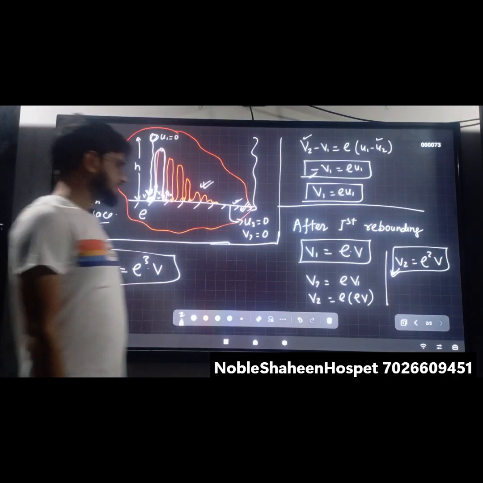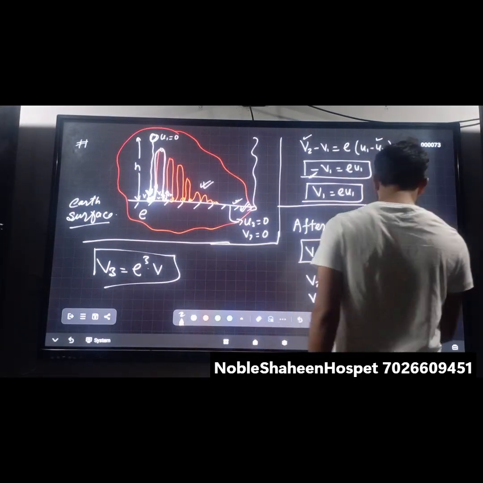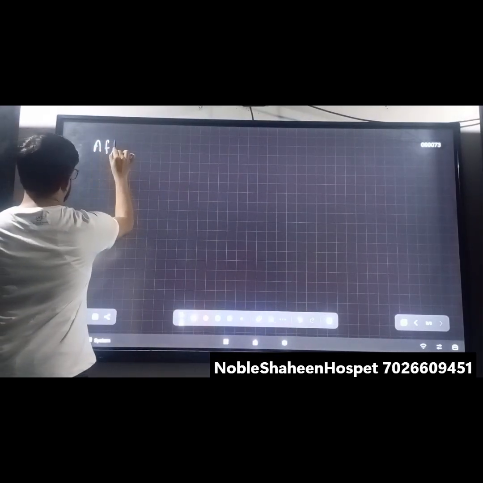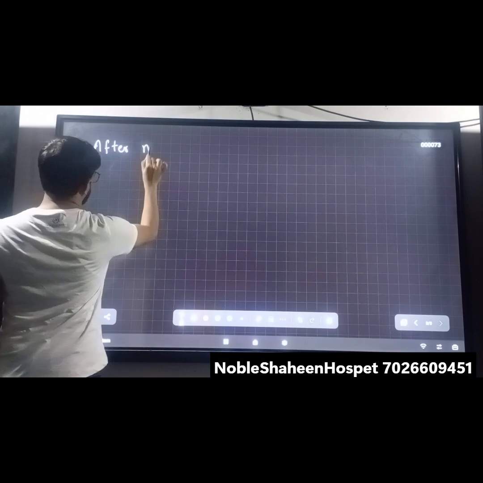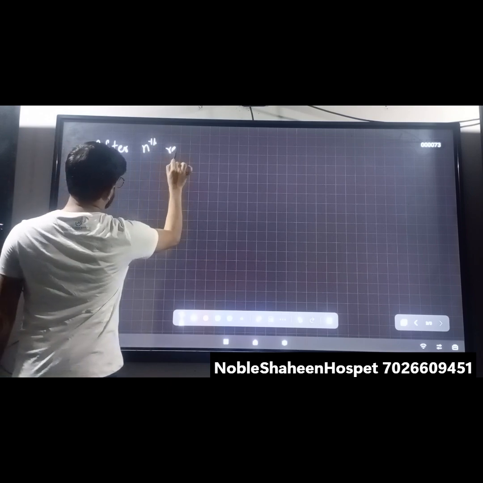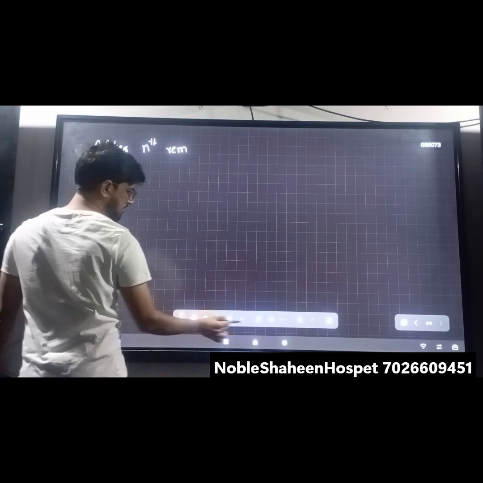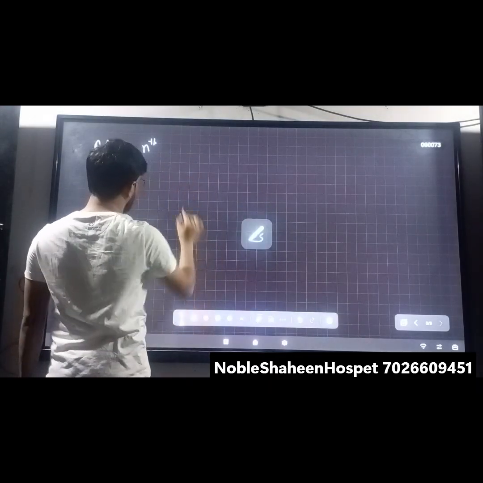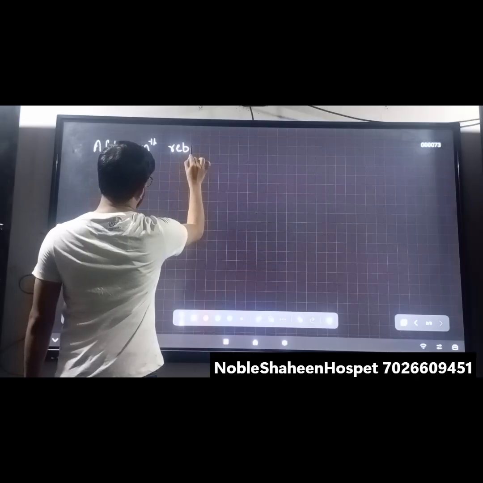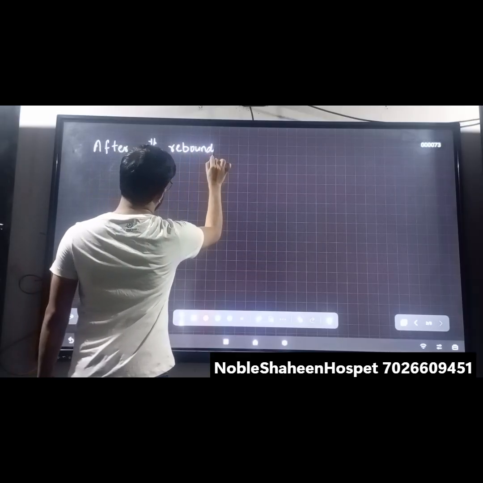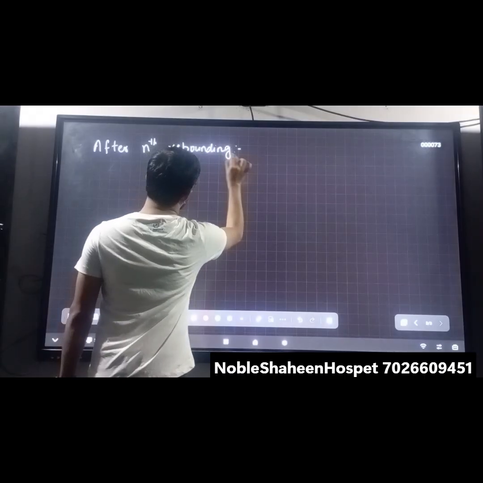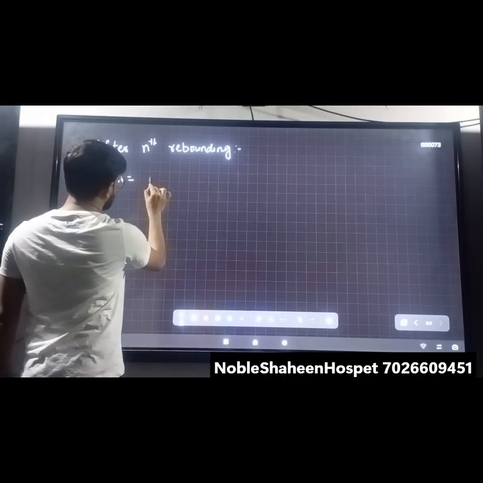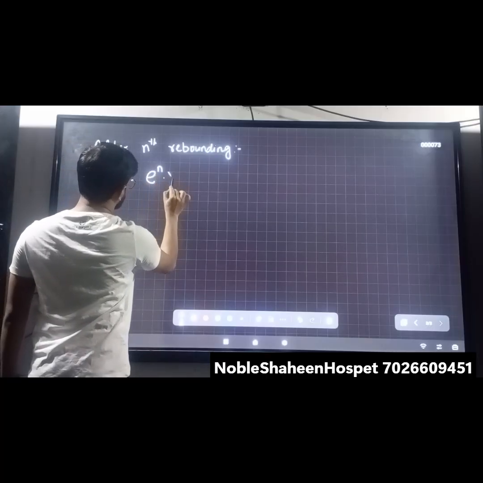So after the nth collision, after the nth rebounding, the velocity vn is equal to e to the power n into v.